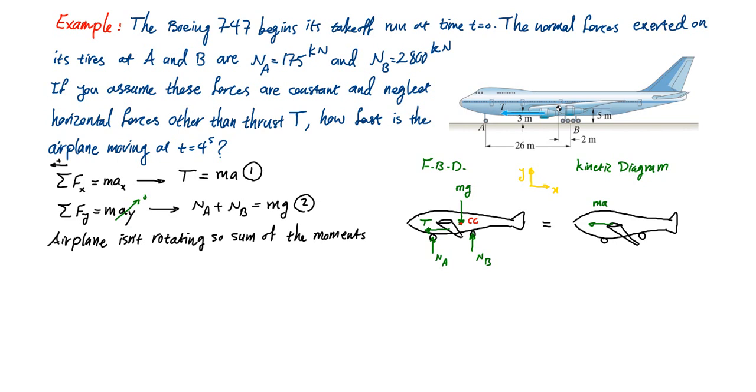Since I have all the dimensions that I need, I know the distance between all these forces and the center of gravity. So the best possible point I can go with is the center of gravity, center of mass.